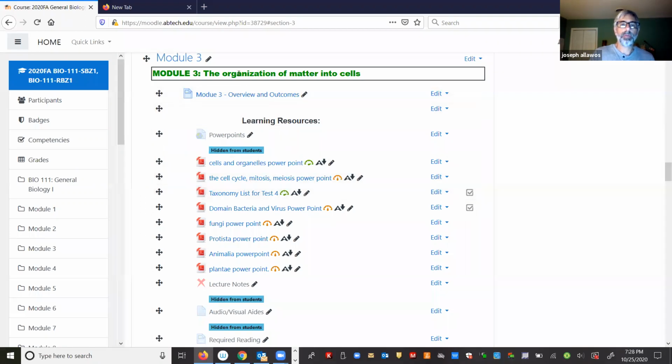And you can see here we're in module 3, and this is the important sheet for this particular unit. It says taxonomy list for test 4. And so in just a moment, I'm going to click on that. We have a little bit of preliminary stuff. I'm assuming that everyone has watched the YouTube video that is on taxonomy or classification.